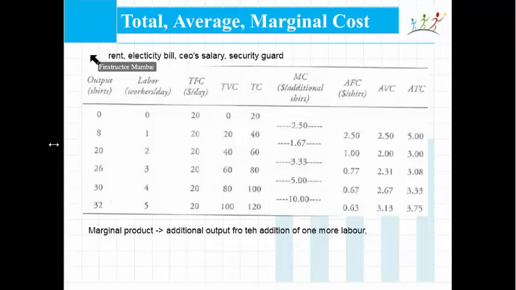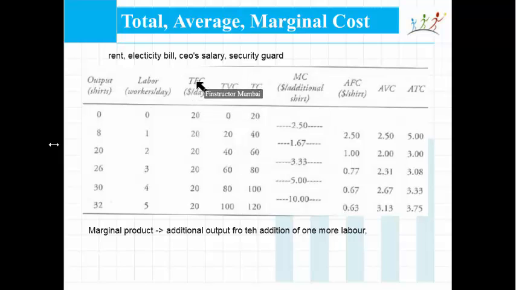These costs are not dependent on the output or the level of production. Regardless of the level of production, I still have to pay the rent, electricity. I still need to have 1 CEO. I still need to hire a security guard. So these are the costs that will be there even if there is 0 production, and even if there is a very high production, these costs will still more or less remain the same.